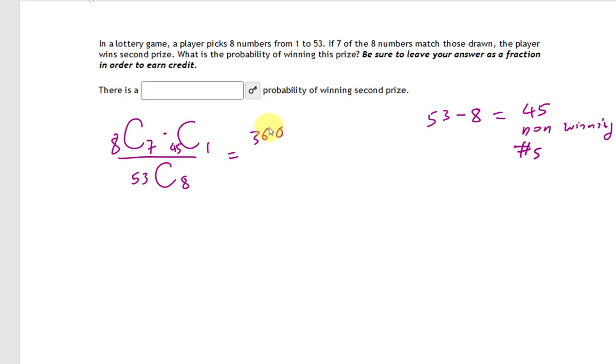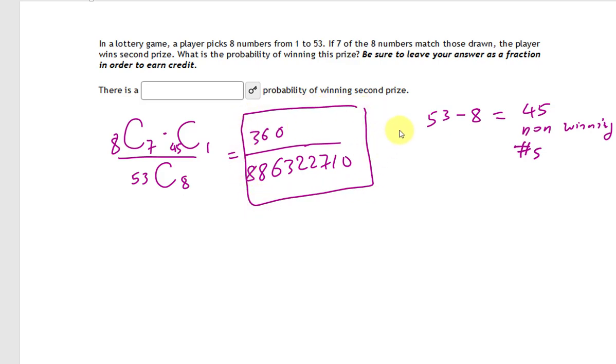And then 53 combination 8 is going to give a huge value, like 8863222710. That's a very large value, and that is your answer.